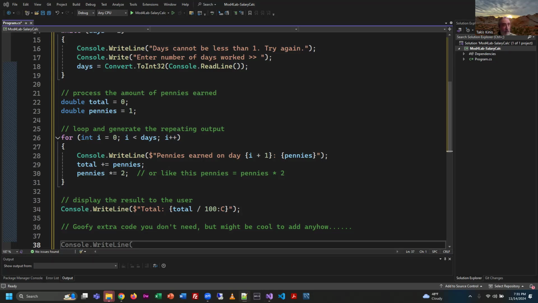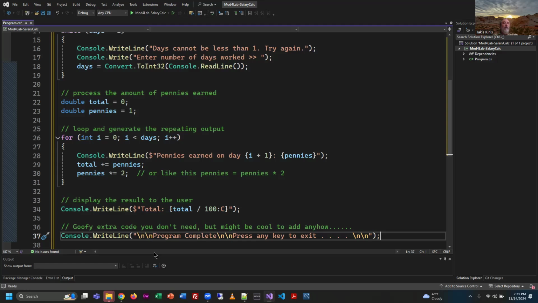When you run a console program, instead of having Visual Studio already put up its message, it says, hit any key to continue. I can generate my own message that says that. Notice all the line breaks in there, right? Lots and lots of space.